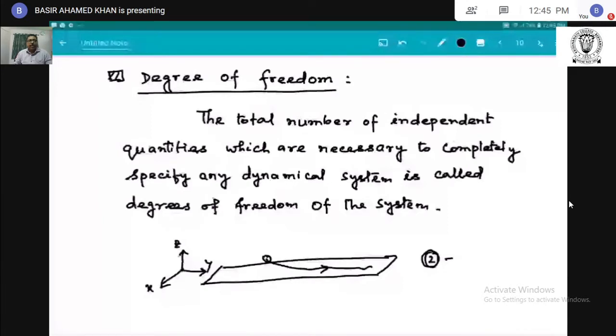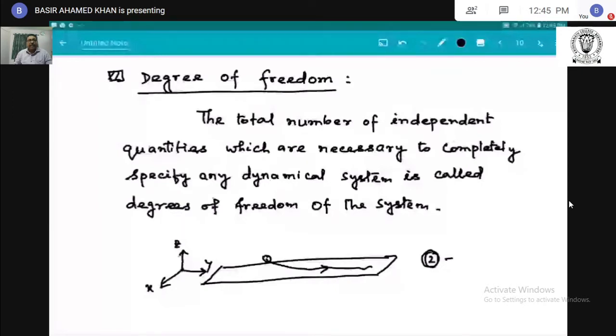Another example: an electric fan is moving, so the minimum number of degrees of freedom is 1, only the rotational angle.